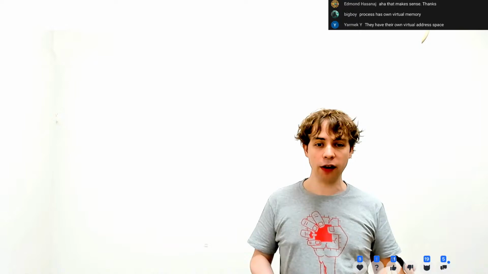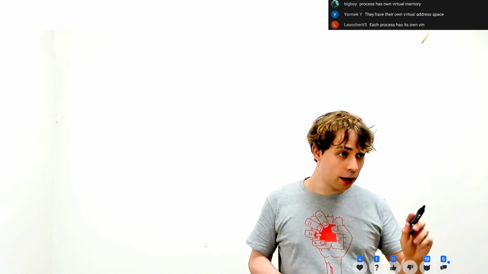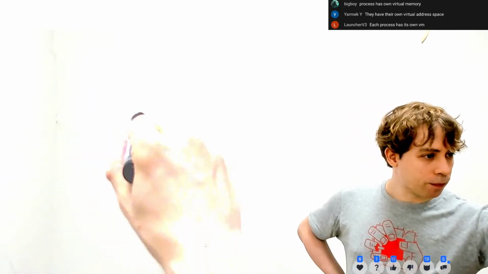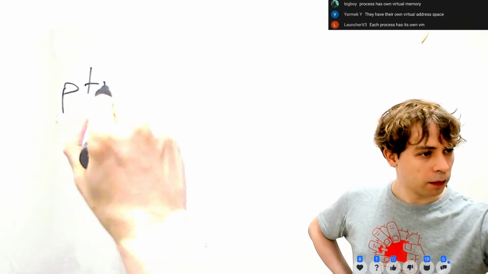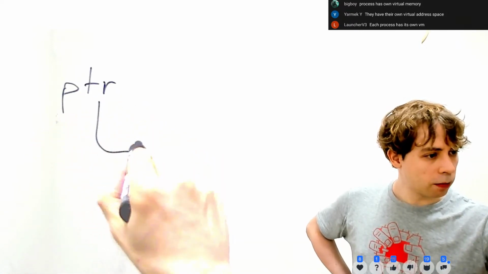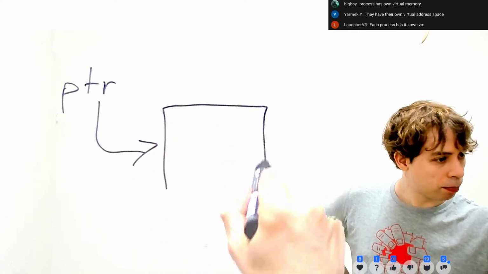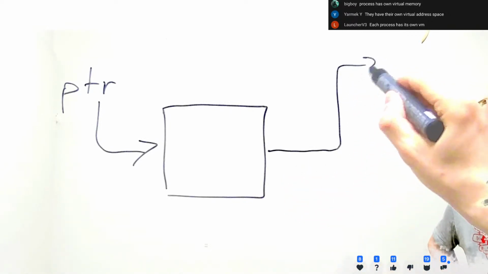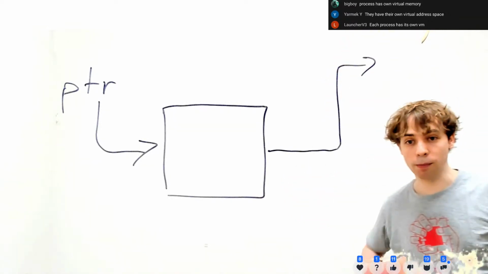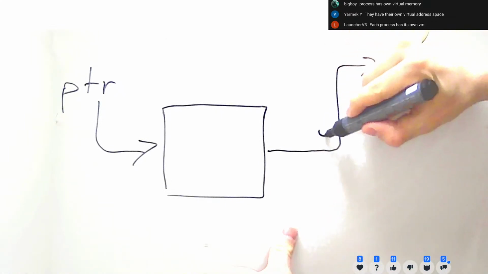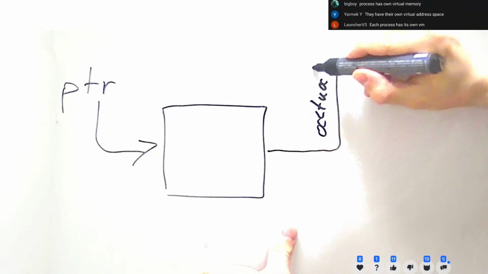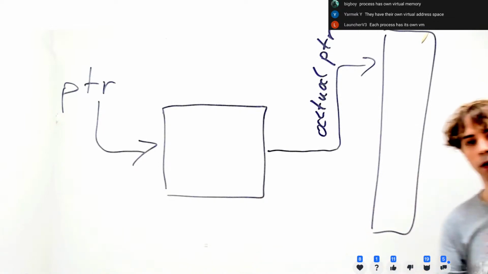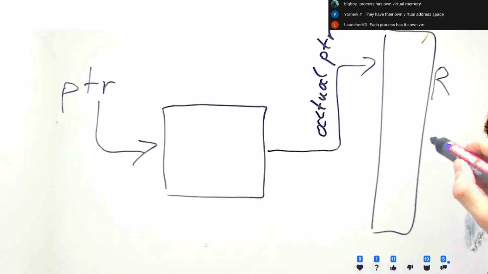So let's try to construct a very simple first virtual address space. What we want is basically, we have a pointer, and this pointer is passed into some box, and out of this box we get an actual pointer, and this points somewhere in RAM.